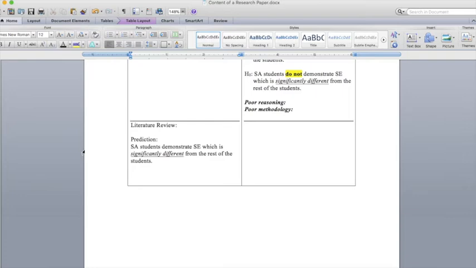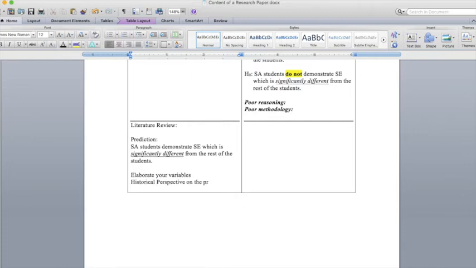So, first thing you have to do is elaborate your variables, right? And then provide a historical perspective on the problem.